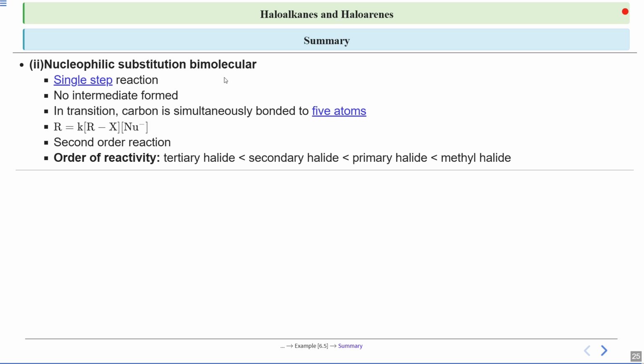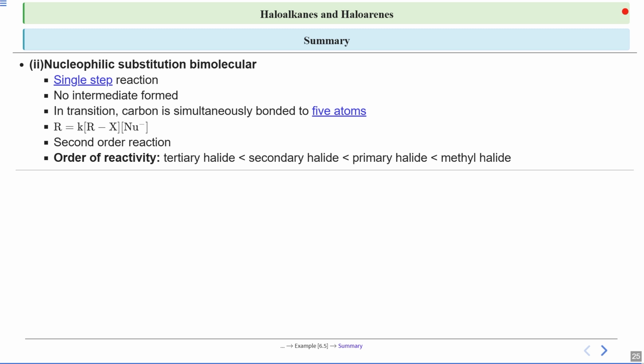The order of reactivity for the SN2 reaction is highest for methyl halide, then primary halide, then secondary halide, and then tertiary halide. Because in this case we want to avoid any bulky groups on or near the carbon at which the incoming nucleophile is going to attack.